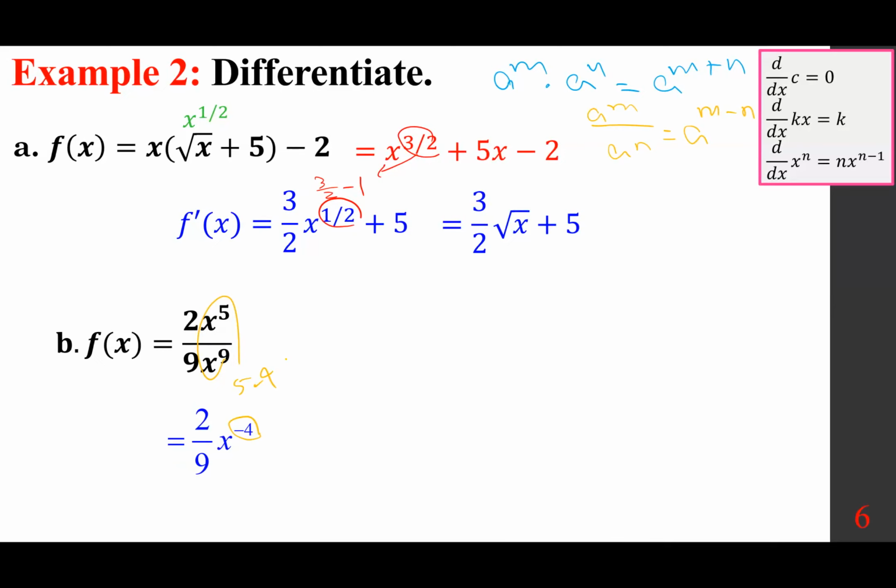And now we are ready to take the derivative, and that makes it f prime of x equals 2 over 9 times negative 4 x to the power of negative 4 minus 1. And I hope you see that this is minus 8 over 9 x to the power minus 5.